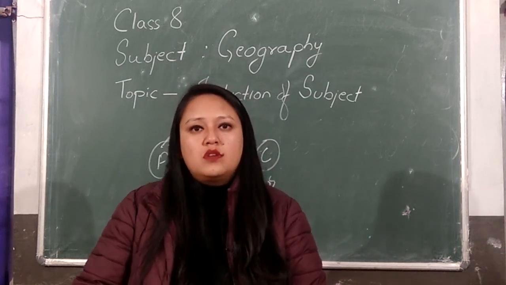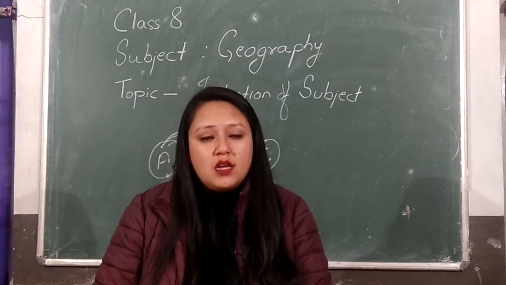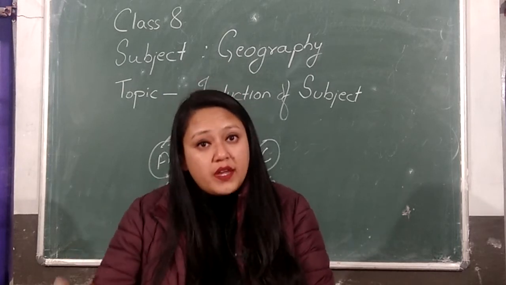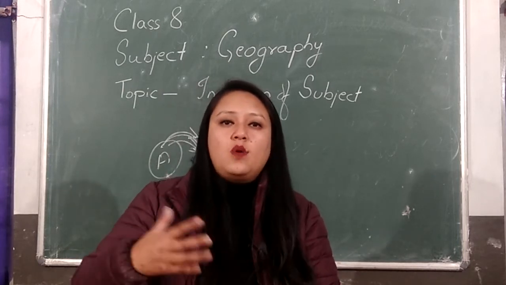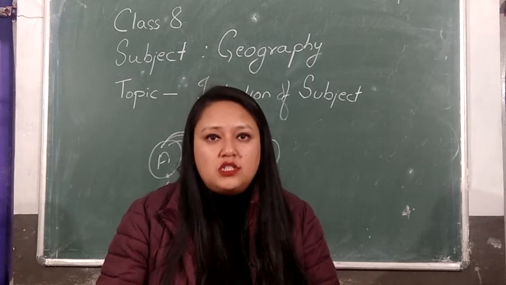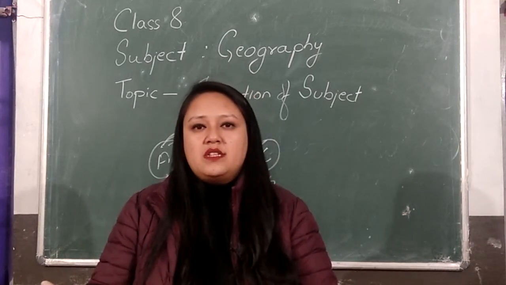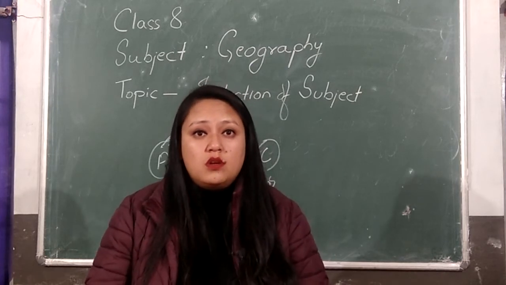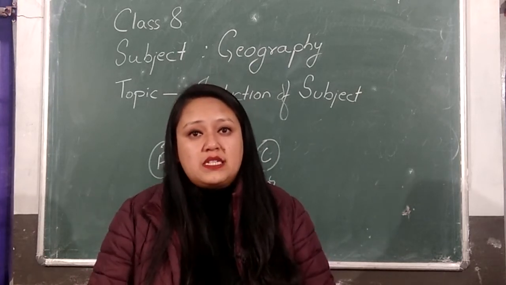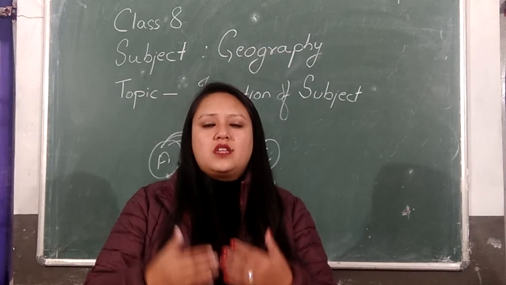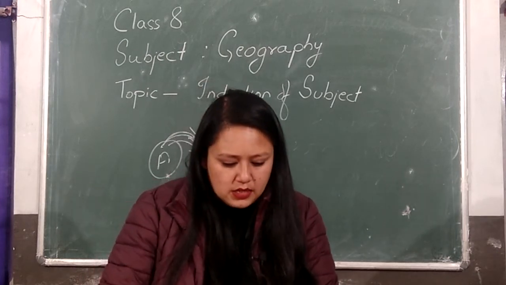We are going to learn about the reasons, the causes, the effects of disasters, and then how we are going to prevent such disasters. For example, if there is an earthquake, what are we going to do? How are we going to save ourselves? These are the different things that we are going to learn in this chapter.